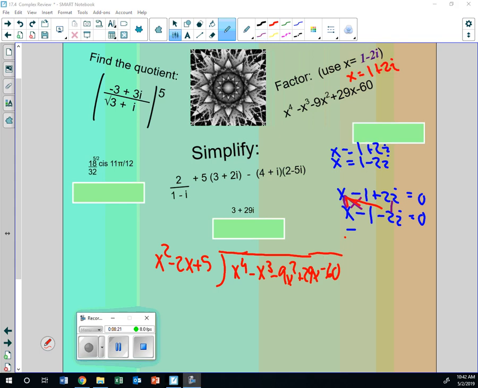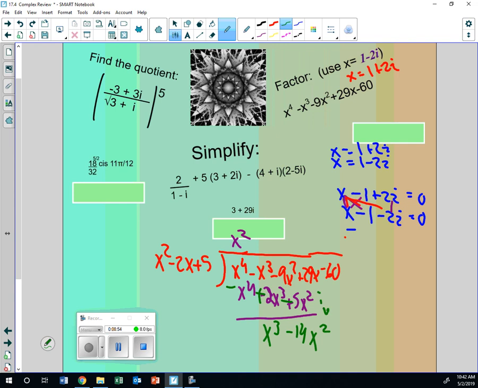Let's do the long division for this one. x squared times x squared will give me x to the 4th minus 2x cubed plus 5x squared. So when I take that opposite, you're going to get 0, x cubed, negative 14x squared, that's big. Drop this 29, plus 29x.